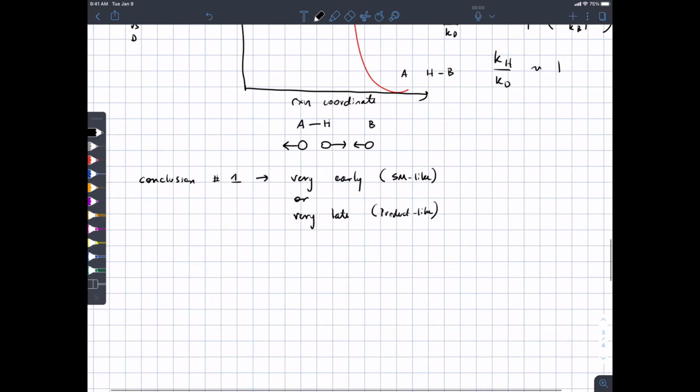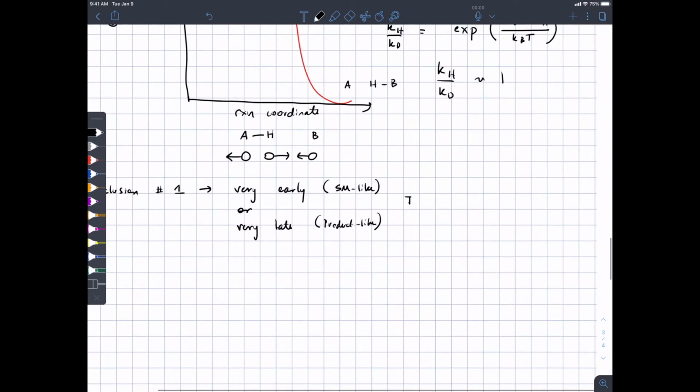Very early or very late transition states have small kinetic isotope effects, if any. You will sort of expect the kinetic isotope effect to be 1. Okay?